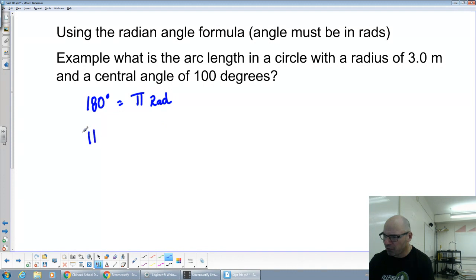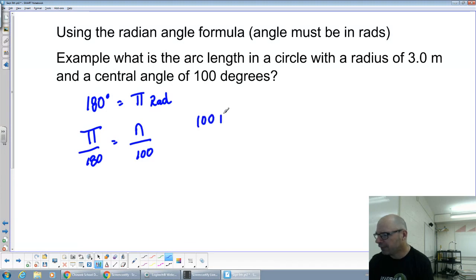So we have pi over 180 is equal to n over 100, because we want to get it in radians. If we do the cross multiplication, 100 pi equals 180 n. Now you're probably going to have to use an approximation of pi because we're trying to get a number, but for now we'll just leave it.